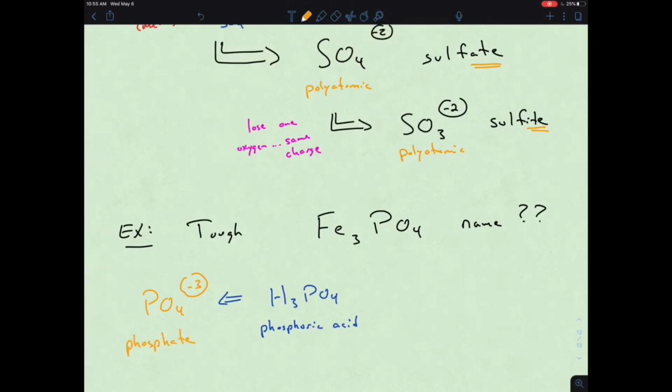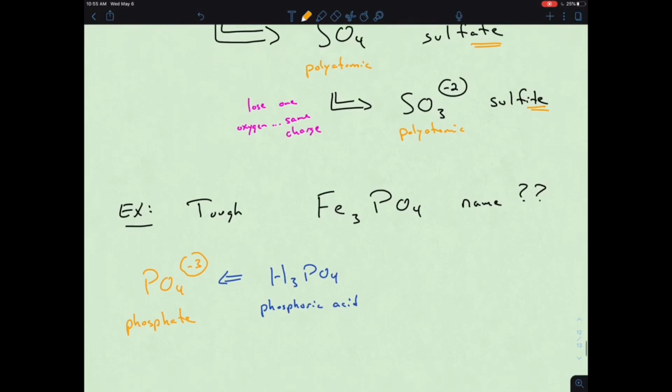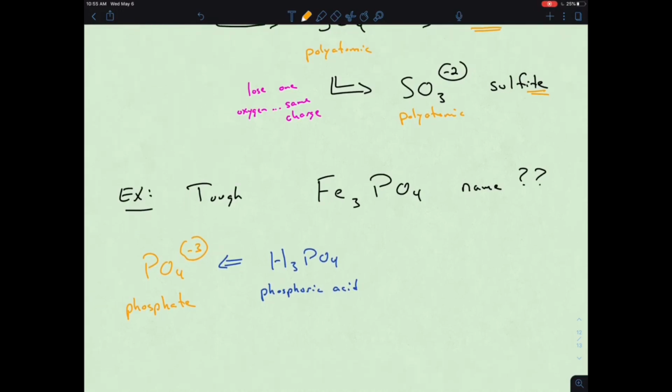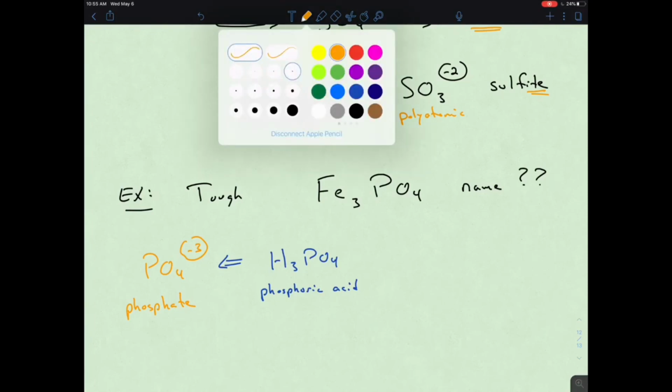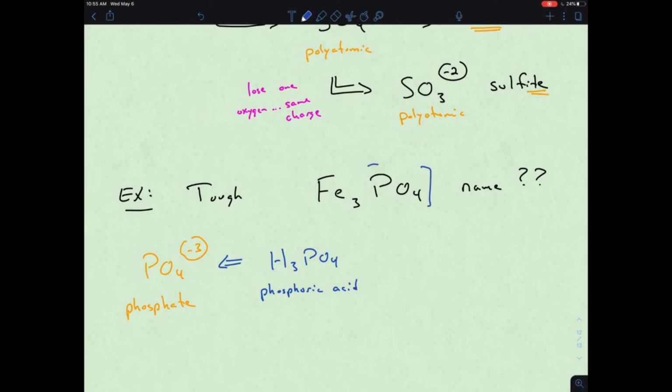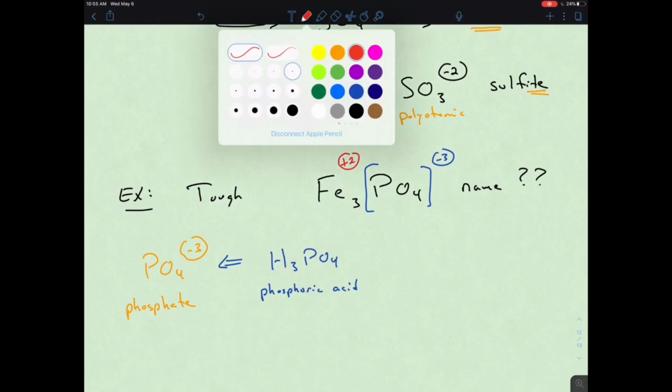Right, just like we went from nitric acid to nitrate and sulfuric acid to sulfate, well, here we're going from phosphoric acid to phosphate. So there's our non-metal portion, and it has that total charge of -3. That means our iron must be in a +2 state to balance out charge.